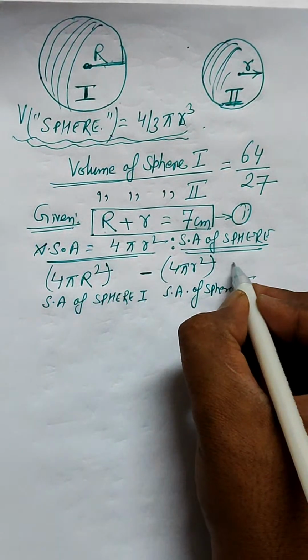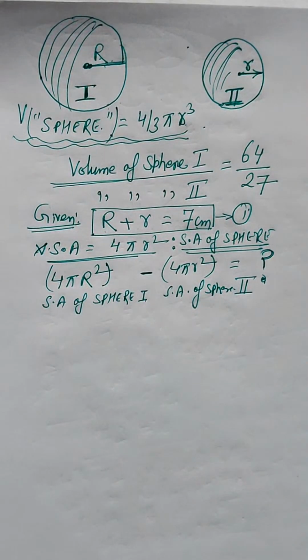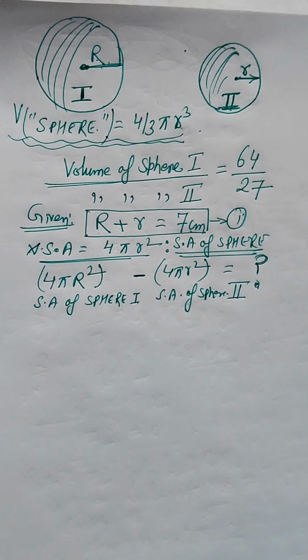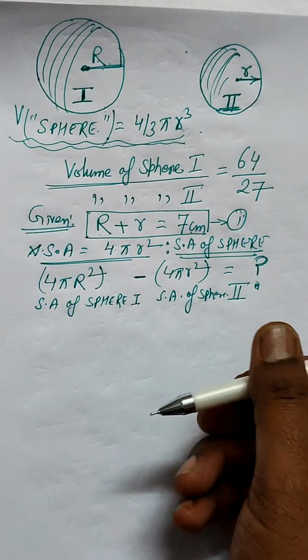So what will be this value that we need to calculate? This is the question which is asked. What is the difference of the surface areas that we need to find?